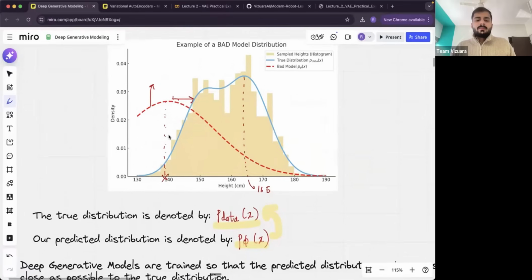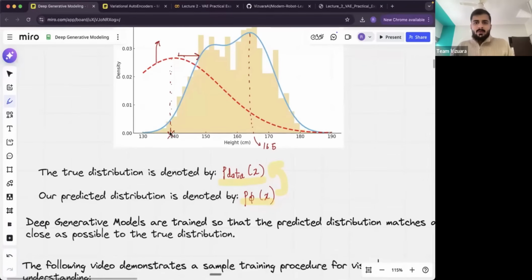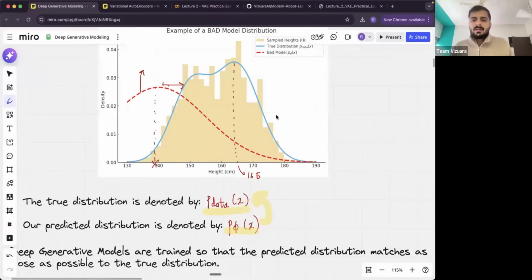Okay, now we'll look at some notation which we will be consistent with. This is the true distribution, which is known as p data of x. And our predicted distribution, we are going to denote as p phi of x.